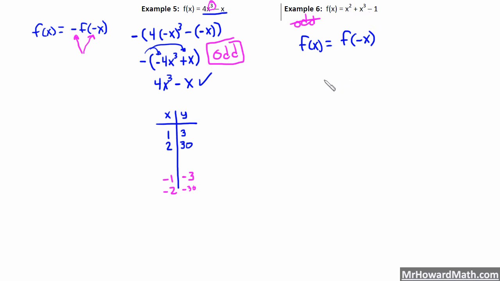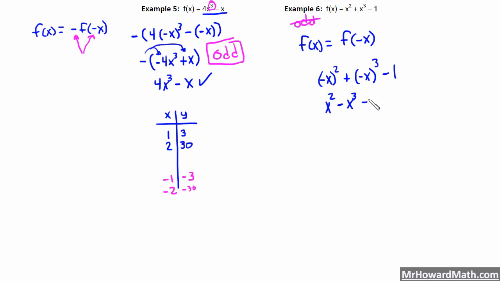So we have negative x squared plus negative x, the opposite here, cubed minus 1. So if you square a negative, you end with a positive, so this just becomes x squared. If you cube a negative, you're still going to end with a negative, so this becomes minus x cubed.